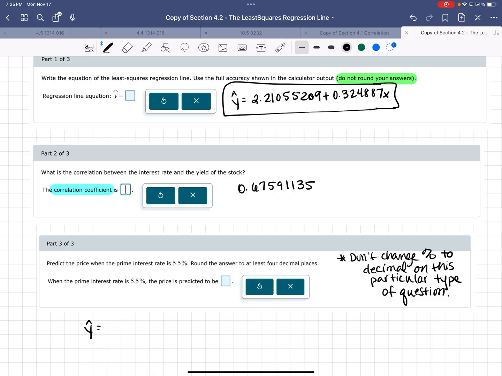I got y hat is 2.21055209 plus 0.324887 times 5.5. And that will give me, what'd y'all get? To 4 decimal places. 3.9974. Yep, that's exactly right. 3.9774. And that is all of 4.2.